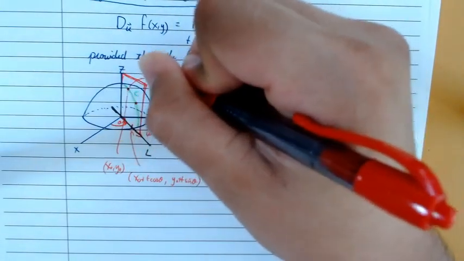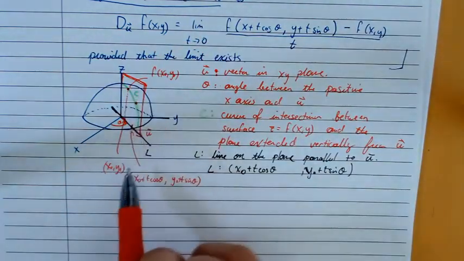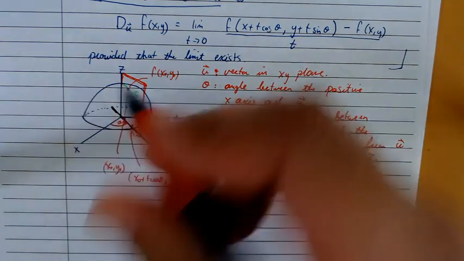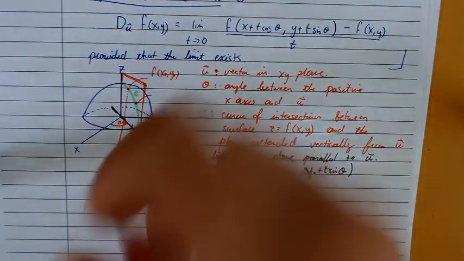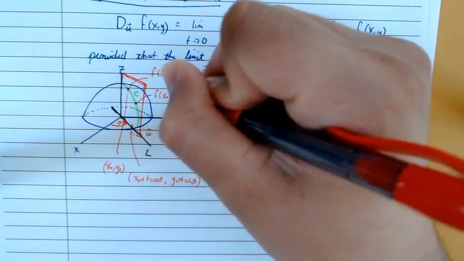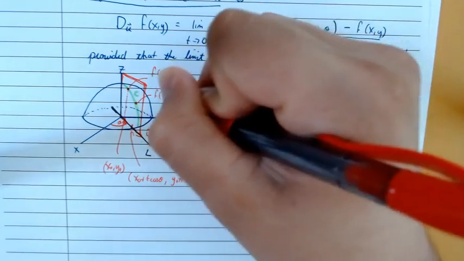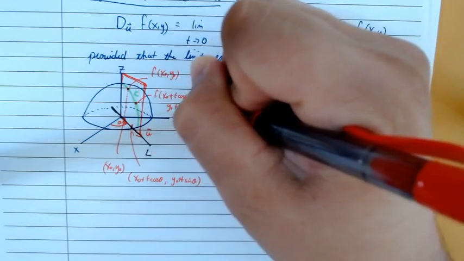Well, this would be f of x naught comma y naught, because you would plug in that point into our function to give the height, to give the value of z. Okay, well how tall is this one? Well, same thing, it's f of this stuff right here. So f of x naught plus t cosine theta, comma, y naught plus t sine of theta.